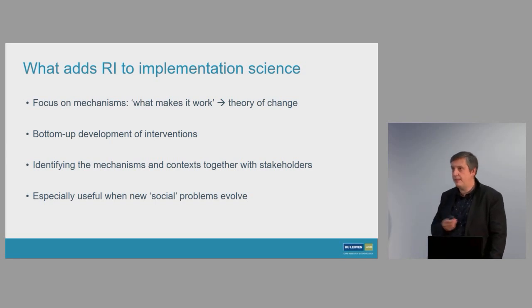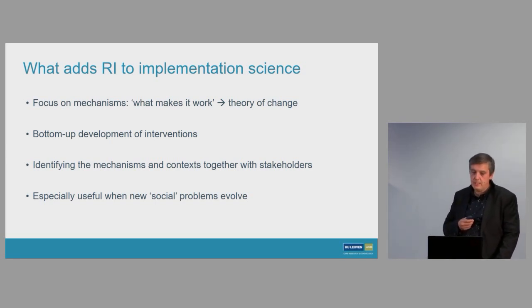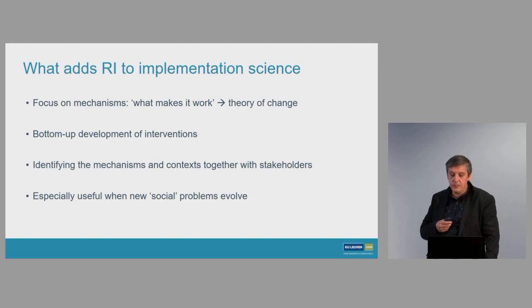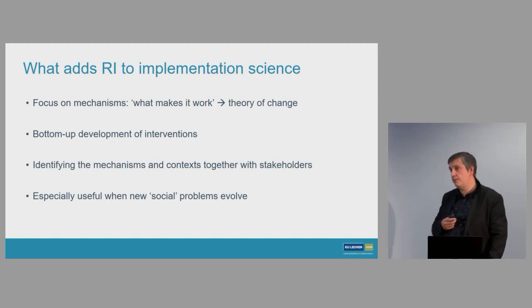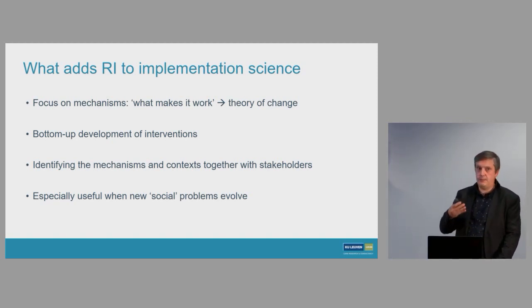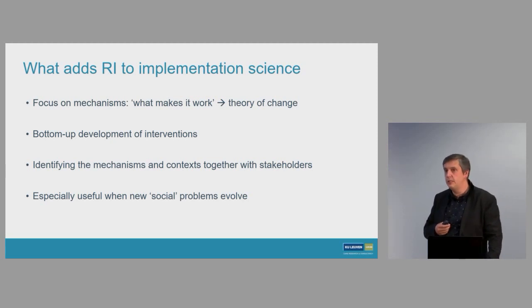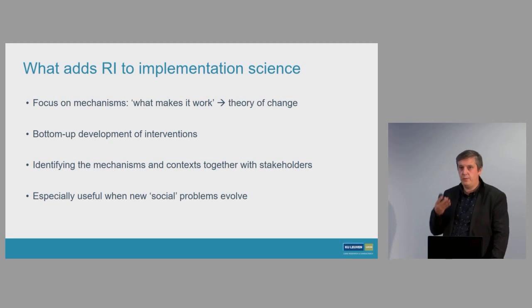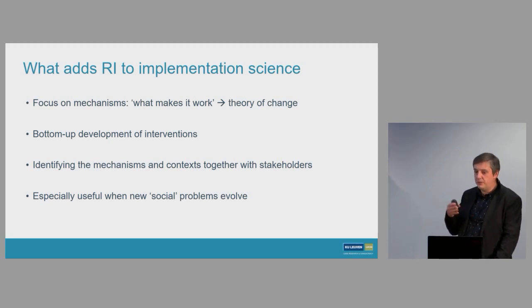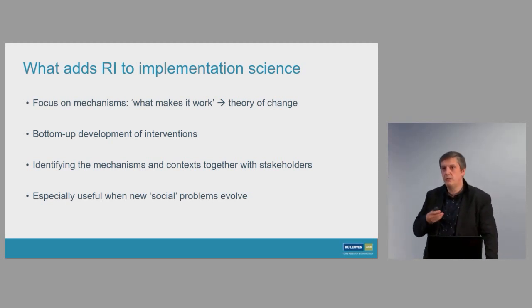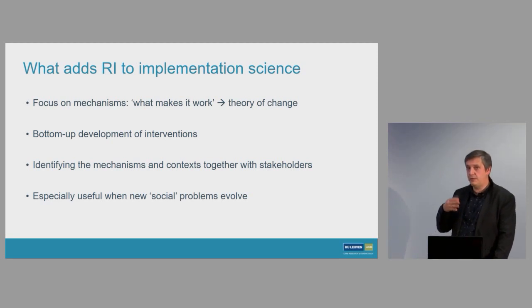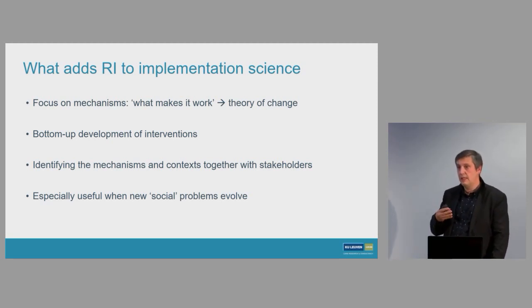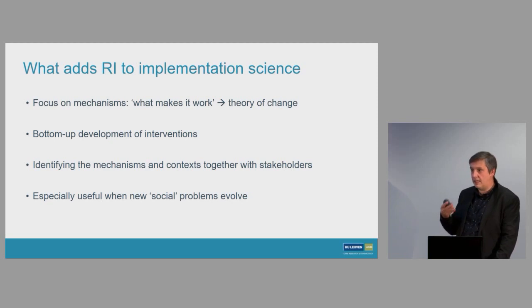And from my perspective, I think realist evaluation is very useful when new social problems evolve. For instance, the example of radicalization, which is a very new social problem. We want to develop new approaches. We don't always have the time to have big studies to see how it works, what works, but at the same time, these practitioners have to act.